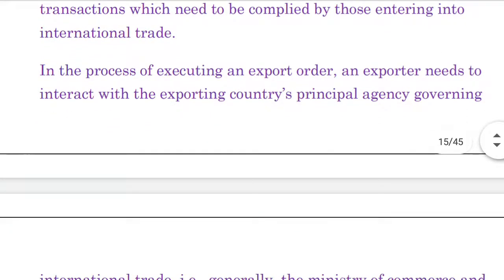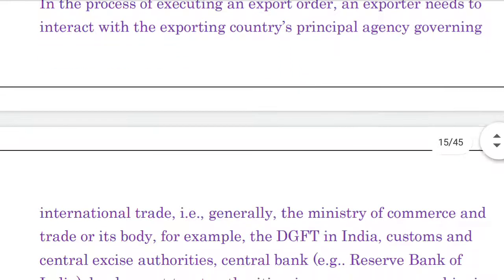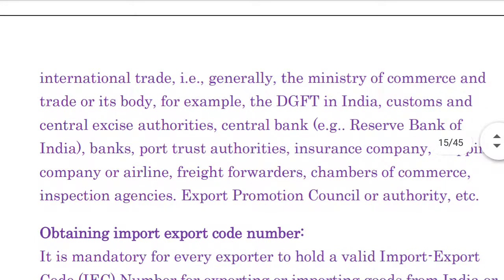In the process of executing an export order, an exporter needs to interact with the exporting country's principal agency governing international trade, generally the Minister of Commerce and Trade or its body.